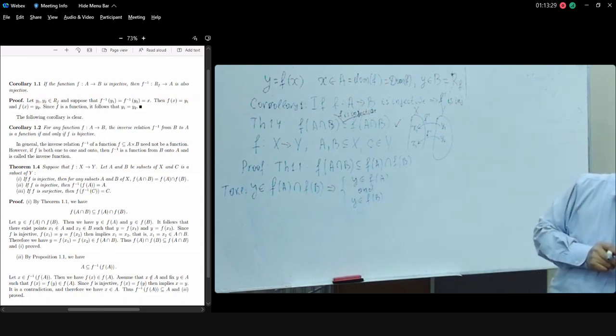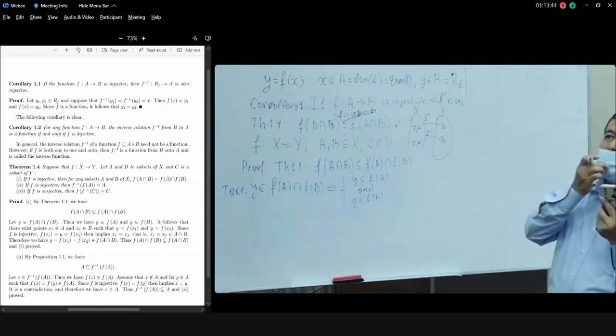Next, it follows that there exist points x1 and x2.